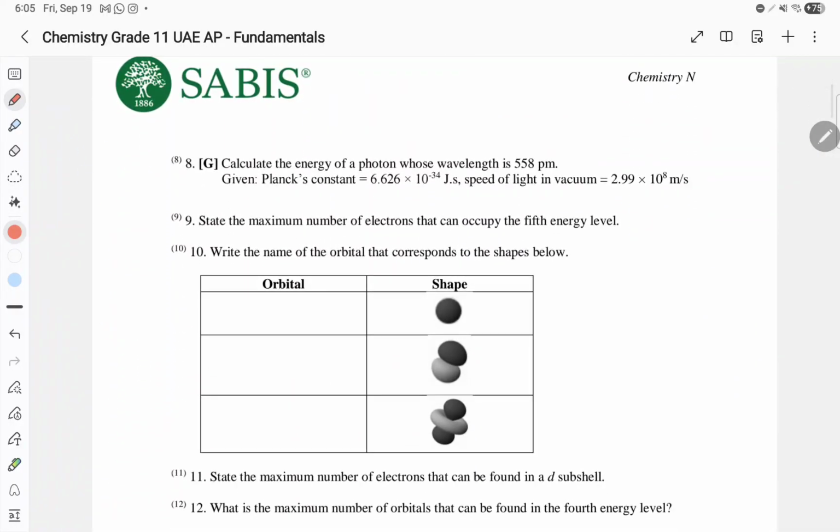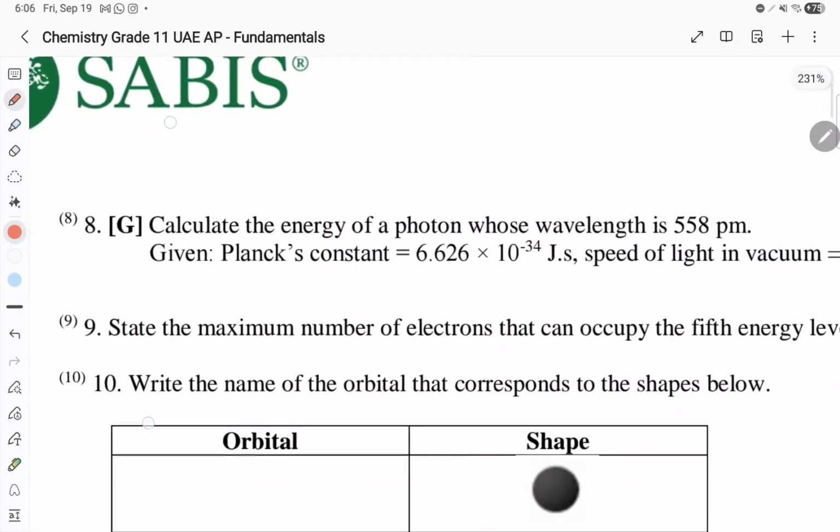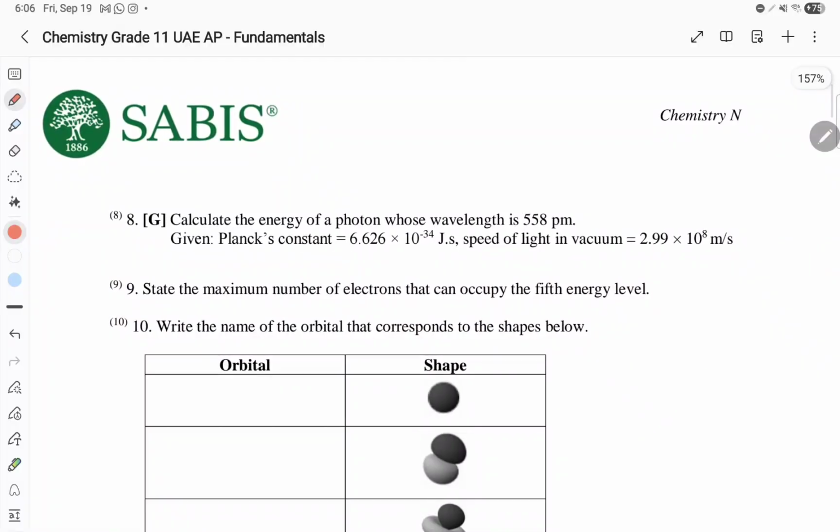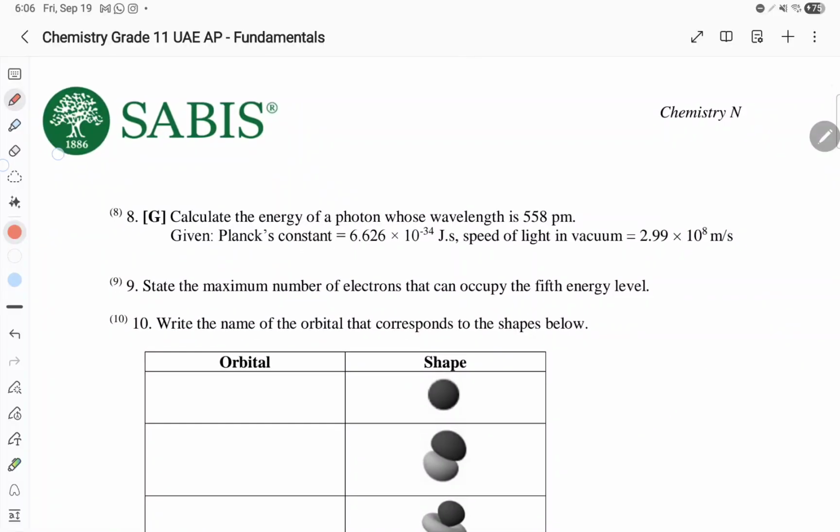Now we're going to move on to question 8, which is a grid question, so it's very important. Calculate the energy of a photon whose wavelength is given. They said calculate the energy, and we already have the wavelength.